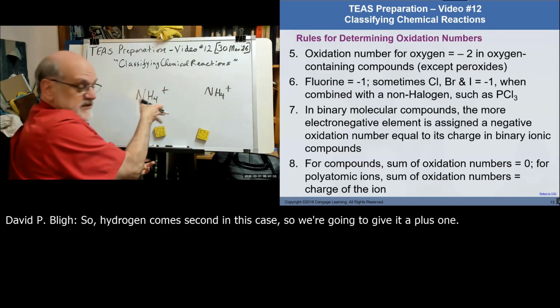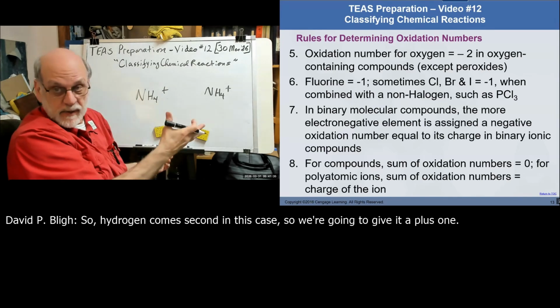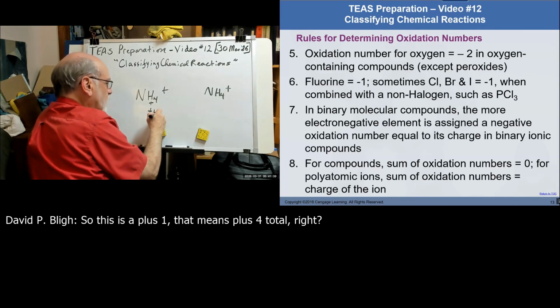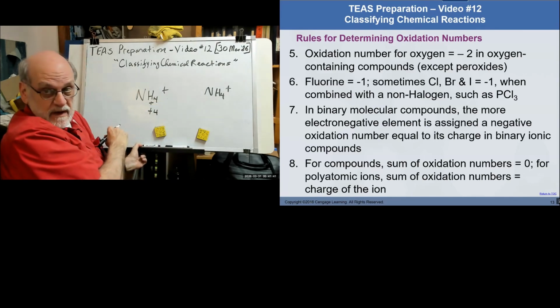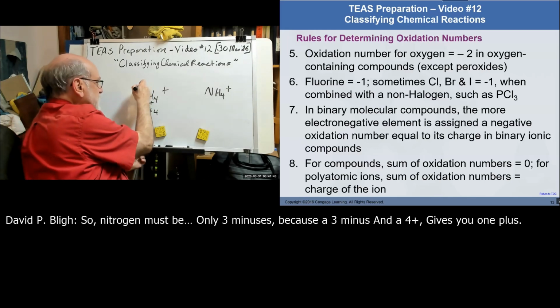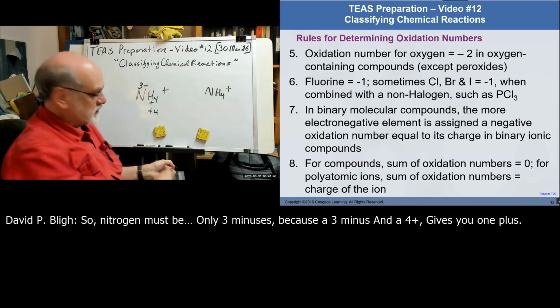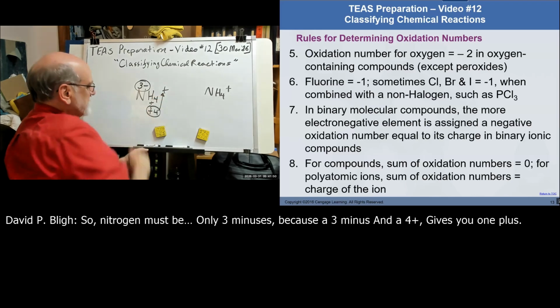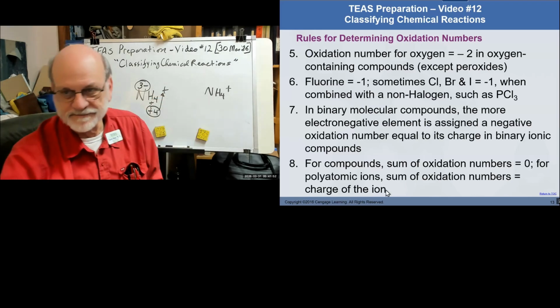Hydrogen comes second in this case, so we give it a +1. That means +4 total, right? So nitrogen must be -3, because a 3 minus and a 4 plus gives you 1 plus.